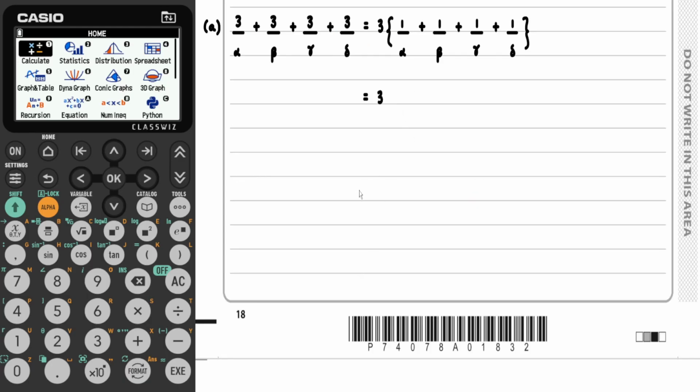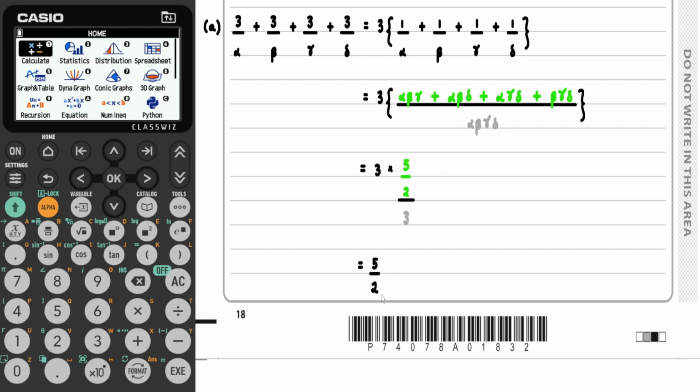What this is the same as is 3 times, for the denominator I would have alpha beta gamma delta, and for the numerator I would have alpha beta gamma + alpha beta delta + alpha gamma delta + beta gamma delta. Substituting in those values, we would have 3 times (5/2) over 3, which is 5/2.